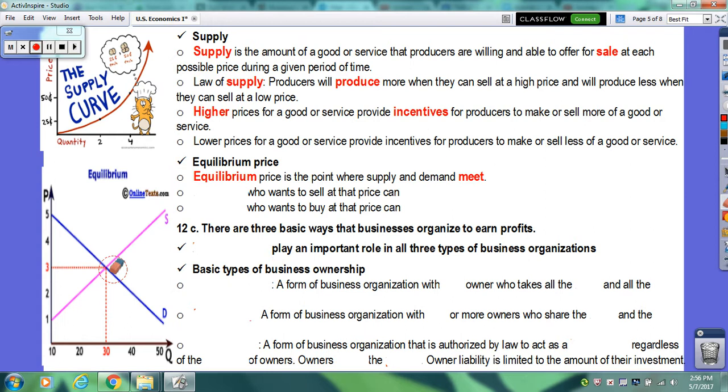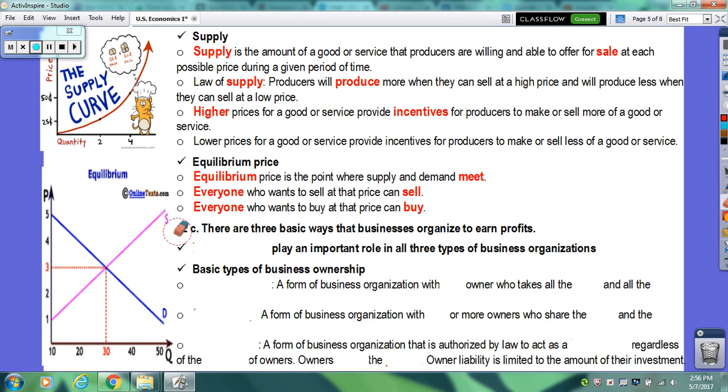So as a good business planner, you want to always keep a close eye on the equilibrium point where supply, the pink line, and demand, the blue line, are going to meet. Next points here are everyone who wants to sell at that price can sell, and everyone who wants to buy at that price can buy, and that is the happy place of equilibrium.